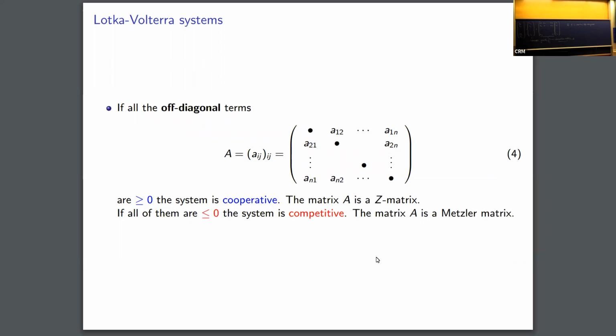I just put here, in the case that all the terms are positive, a Metzler matrix, and if all the terms are negative, it's called a Z matrix.